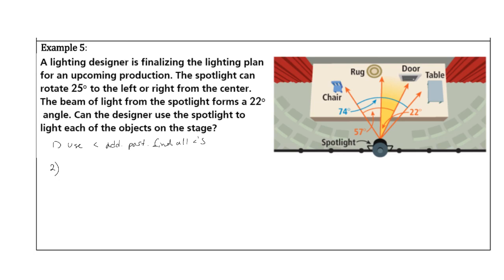And then the second thing to do is analyze the angles, knowing how the spotlight can rotate and the width of the spotlight. And then you want to assume it's centered in the diagram.